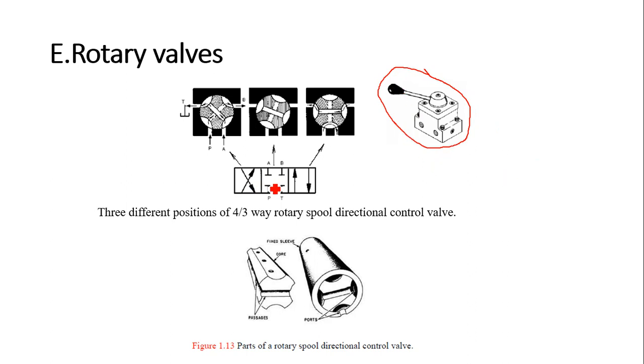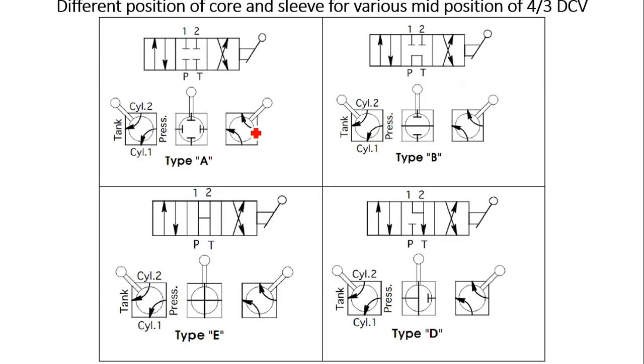From this you can say that it is 4 by 3: 4 ports, 3 positions, a 4 by 3 direction control valve. You can see in this diagram how the ports are connected. Don't go into details, but for knowledge's sake, just have a quick look and understand. Next. So these are the different positions, how it is set.